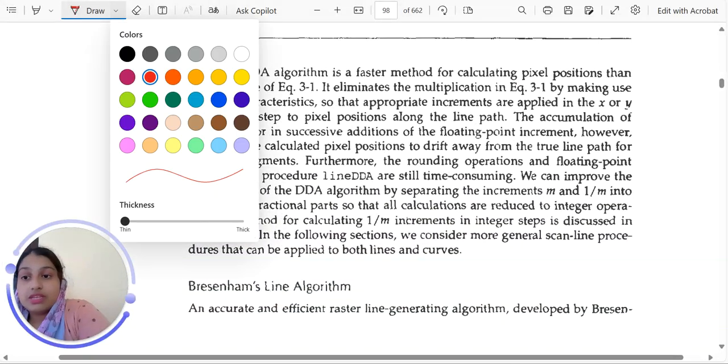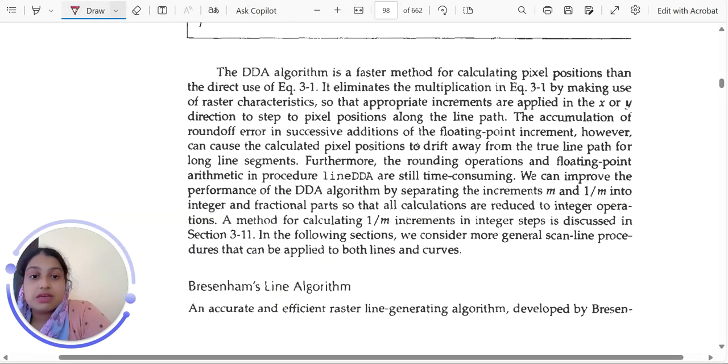Now the DDA algorithm is a faster method for calculating pixel position than the direct use of equation 3.6. It eliminates the multiplication in the equation by making use of raster characteristics, so that appropriate increments are applied in the x or y direction to step to pixel positions along the line path.